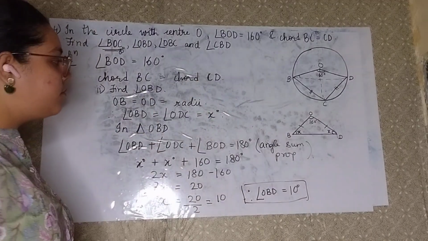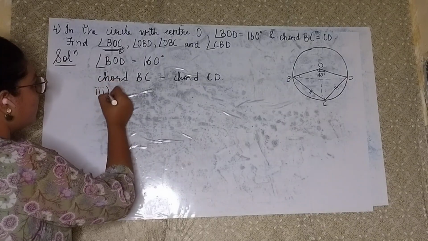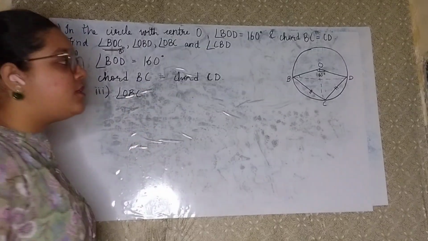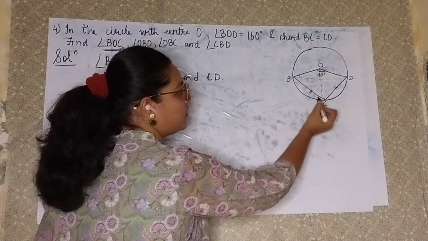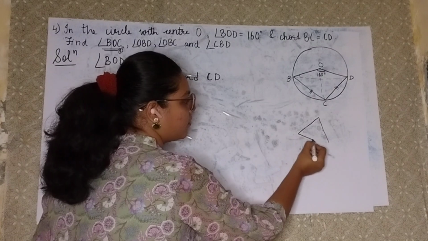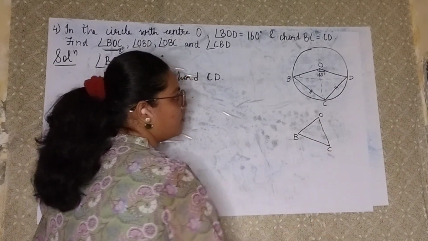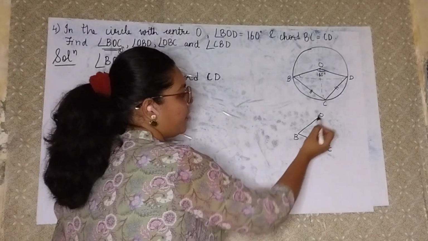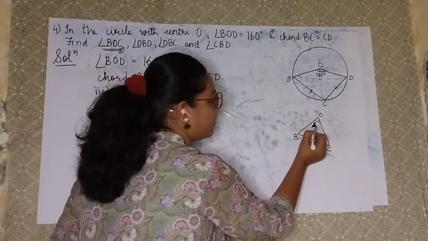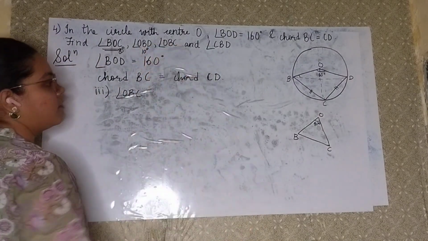Second part is done. Now for the third part, that is angle OBC. For angle OBC, OBC comes in this part of the triangle. If I see BOC, BOC was 80 degrees. I'll write here 80 degrees. I got OBD as 10 degrees.